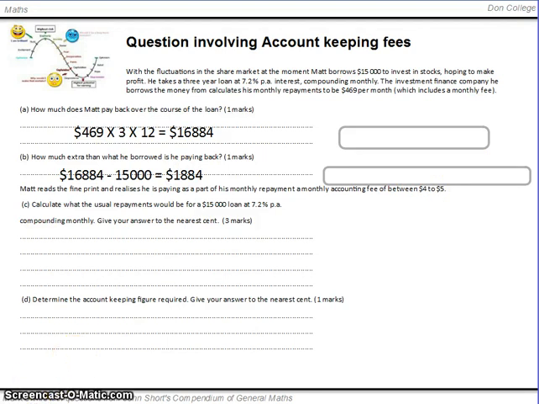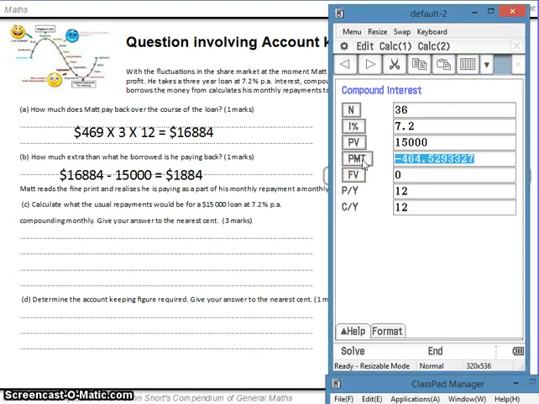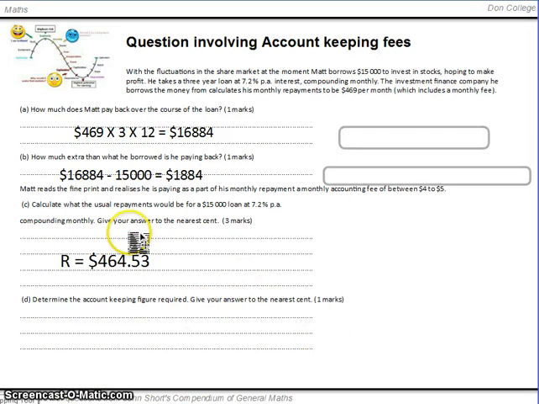So the first thing we should do is work out what should his monthly repayments be. Okay, if we use this screen here, 12 monthly payments, 3 years, 7.2%, $15,000. His repayment should be $464.53.